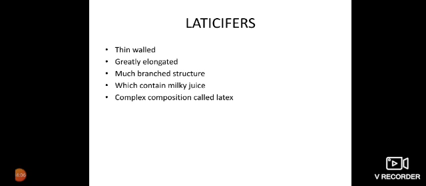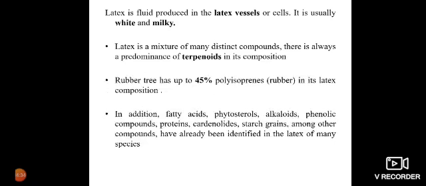The latex of some plants is of great importance, especially as a source of rubber, for example Hevea and Ficus. There are two types of latex structures found in plants: latex cells or non-articulated latex ducts, and latex vessels or articulated latex ducts.